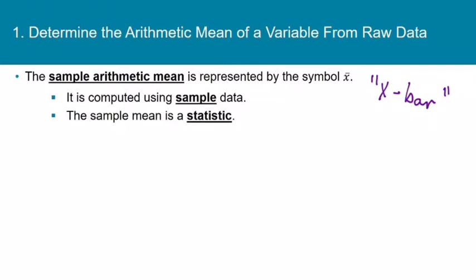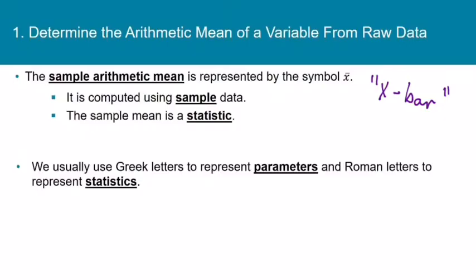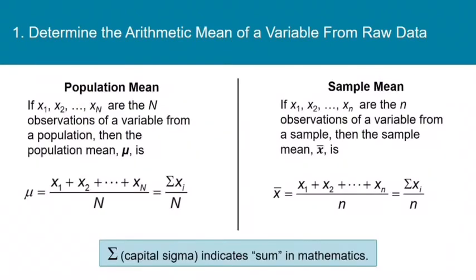And the way you keep this straight is S for sample, S for statistic, P for parameter, P for population. And we typically use Greek letters to represent parameters, and then Roman letters, or what would be regular letters to us, to represent statistics.